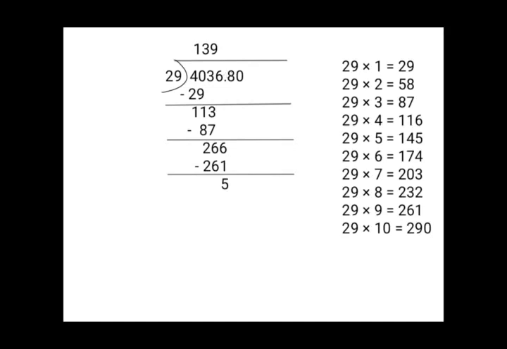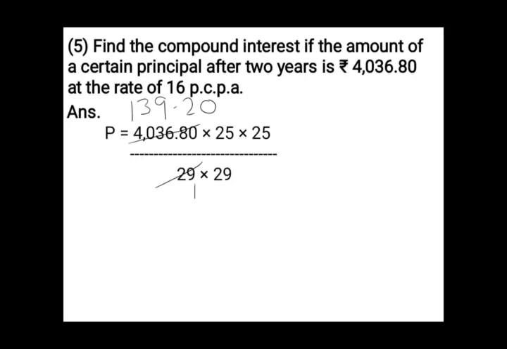So first you have to put the decimal point in the quotient place, and then you have to bring one digit down. 29 2s are 58. 58 minus 58 is 0. Last 0 you have to bring down now. 29 zeros are 0. 0 minus 0 is 0. Quotient is 139.20. And now you have to do the cancellation of the first 29. 29 ones are 29.